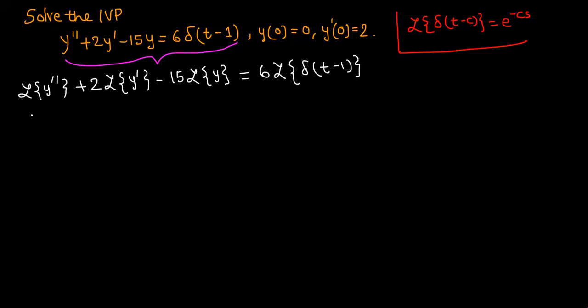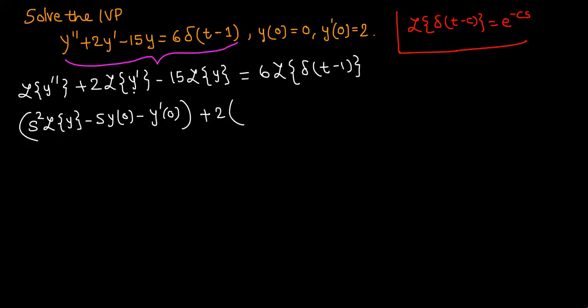Next, using the table, Laplace of y'' is s² L(y) minus s y(0) minus y'(0), plus 2 Laplace of y', which again using the table is s L(y) minus y(0), minus 15 L(y) equals 6 Laplace of this Dirac delta function δ(t - 1), using the table.